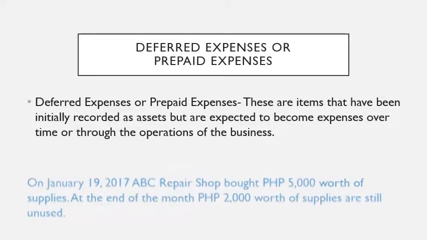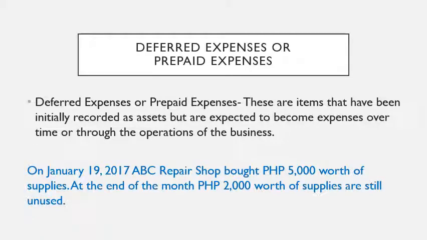Okay? I have here sample transaction under prepaid expense. So, on January 19, 2017, ABC Repair Shop bought 5,000 worth of supplies, and at the end of the month, 2,000 worth of supplies are still unused. So, if you're going to analyze this transaction, it says here na bumili daw si ABC Repair Shop ng worth 5,000 na supplies.